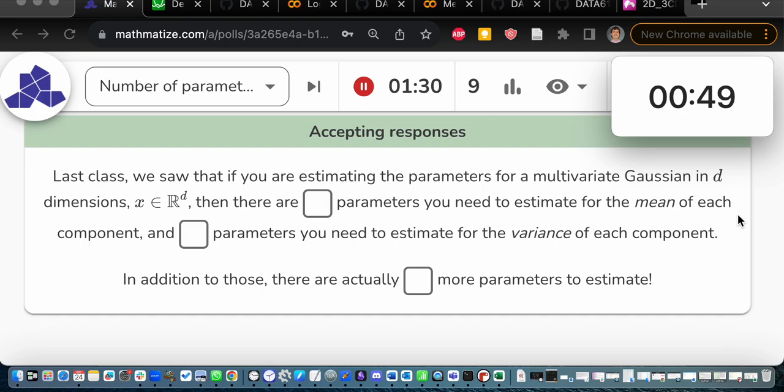Okay, 1 minute left. You have to put in your answers again, even if you don't want to change your answer.